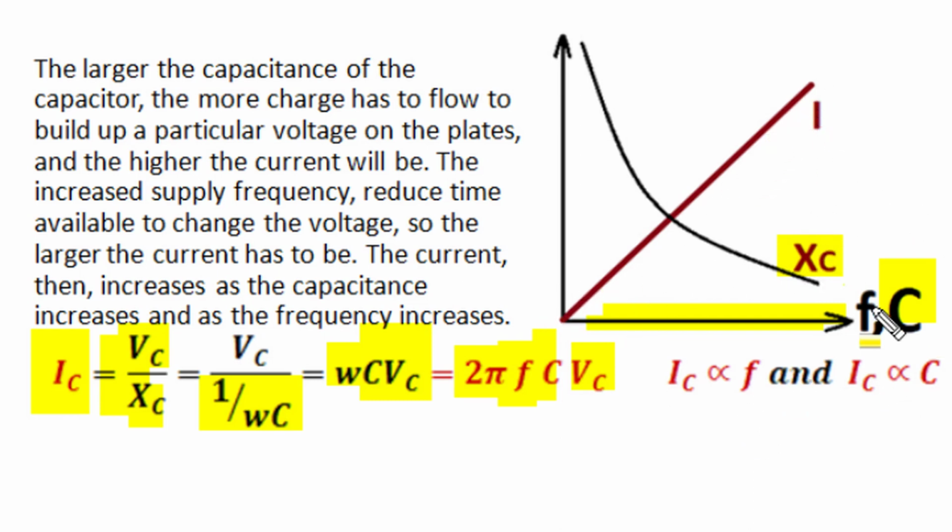Similarly, if we increase frequency of supply, higher frequency means faster variation of sinusoidal alternating current with smaller time period, or higher time rate of change of charge, and higher dq by dt means a higher amount of current. So as supply frequency increases, Xc capacitive reactance decreases and circuit current increases.